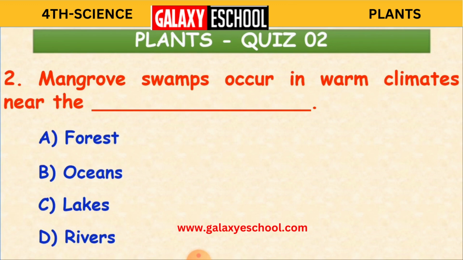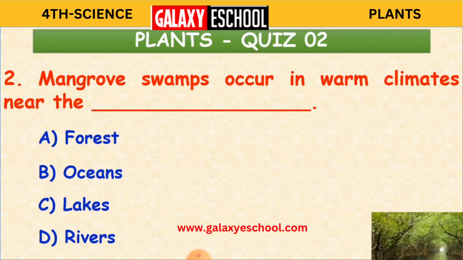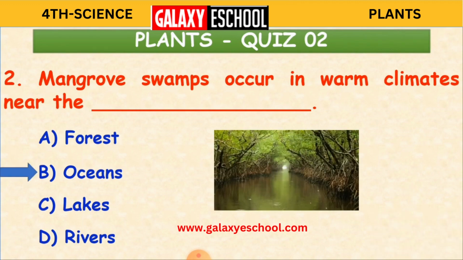As we said just now, they grow in coastal areas. So what will be the answer now? It is the B option, that is oceans. Are you able to see here? On the water, and even soil will be there under the water.